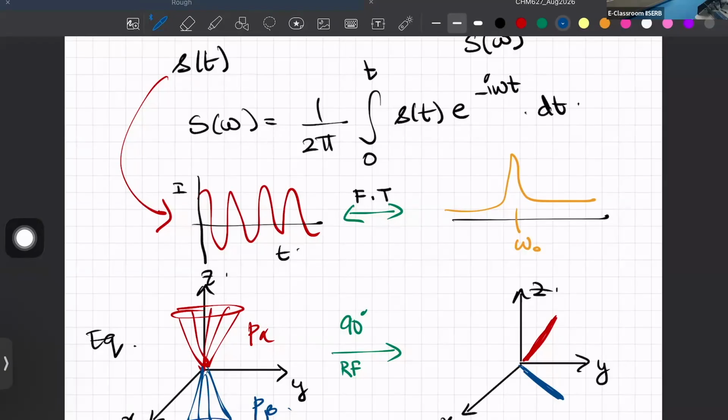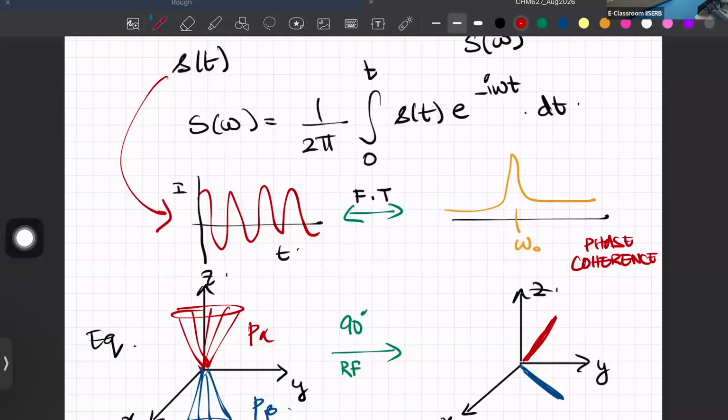The pulse reduces the entropy of the random spins and does work to go to an ordered state. And the ordered state is when all the spins are bunched up together. This state is called coherence. It's called phase coherence.